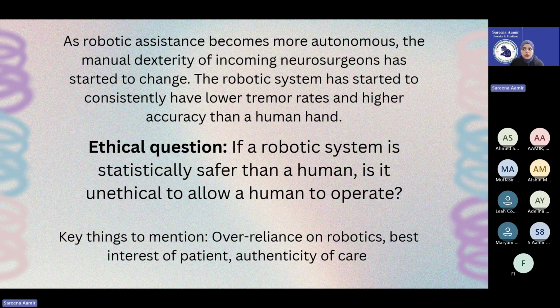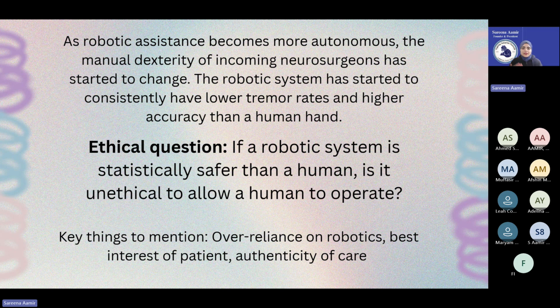You could also talk about the fact that maybe the patient is severely in need of surgery and they don't really have time to set up the robot. So obviously then it doesn't matter if the robots have a statistically lower tremor rate.